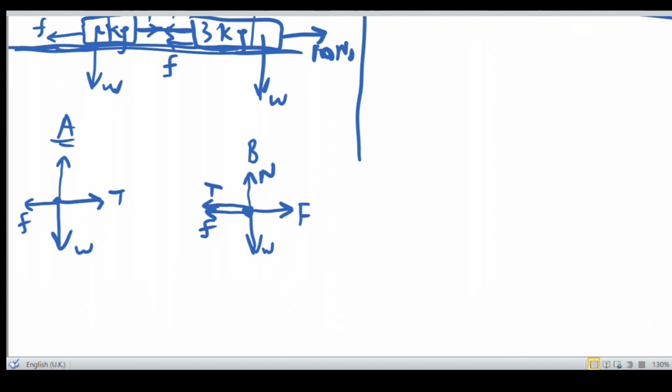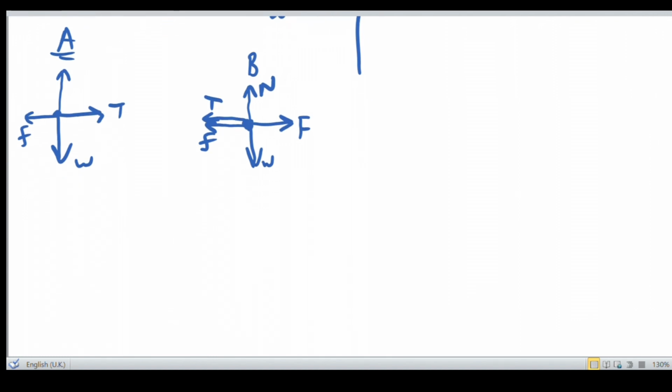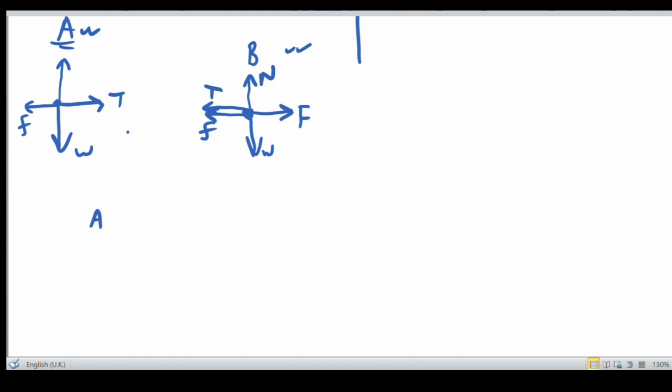All right, now this is very easy. When you calculate, here you have two objects, which means you are going to have two equations. So you have an equation for A and an equation for B. Let's start with A. For A, we have the horizontal forces.